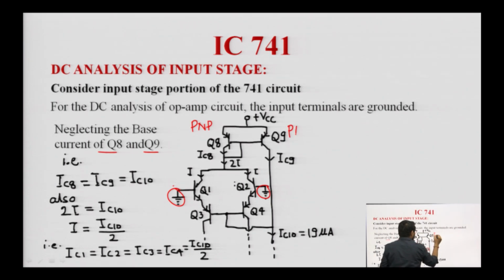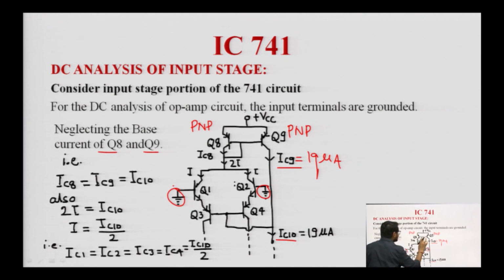This is PNP, this is also PNP. Okay. So, IC10 is approximately equal to IC9. So, IC9 is 19 microampere, and Q8 and Q9 are in a simple current mirror topology.